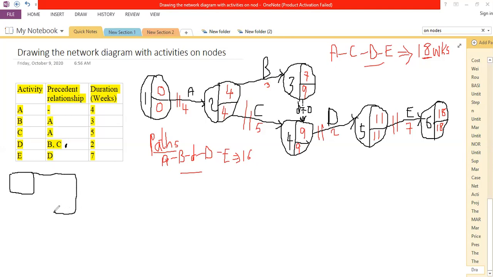Let us first of all understand how our node should look when you're drawing a network with the activities on the node. You can use a big circle, but a rectangle works well in this case because you want to separate it into some portions.